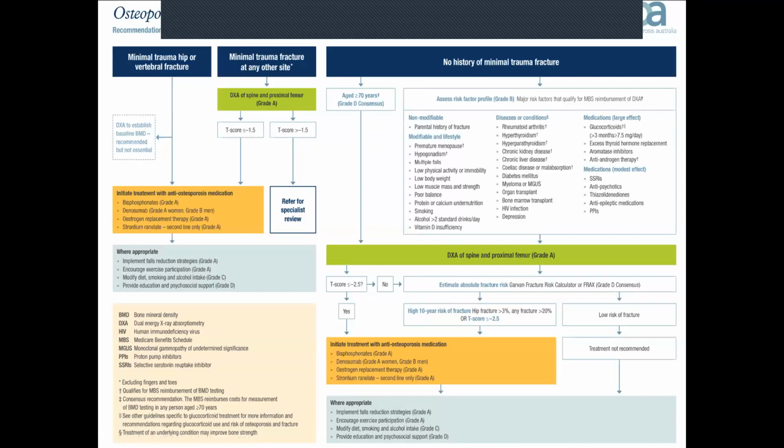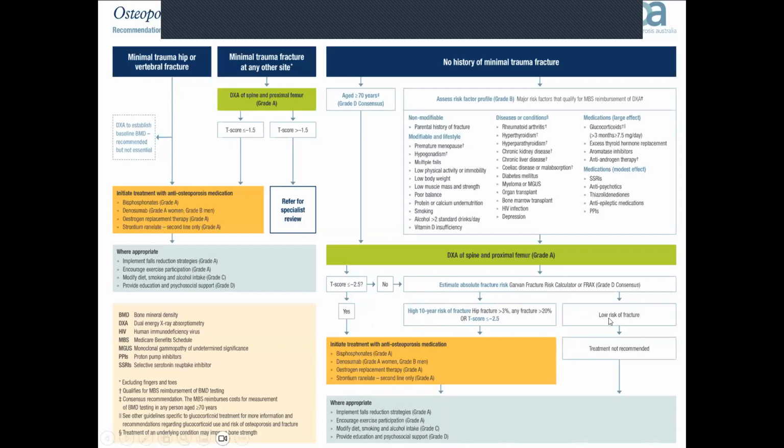Pretty straightforward: if the T-score is less than or equal to minus 2.5, we want to start initiating therapy. If they're osteopenic, then you can apply the fracture risk calculator that I mentioned earlier.